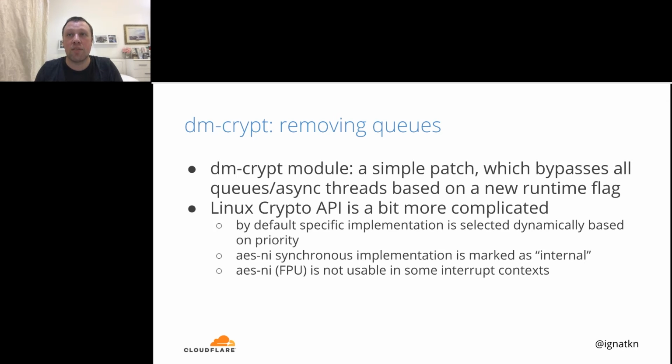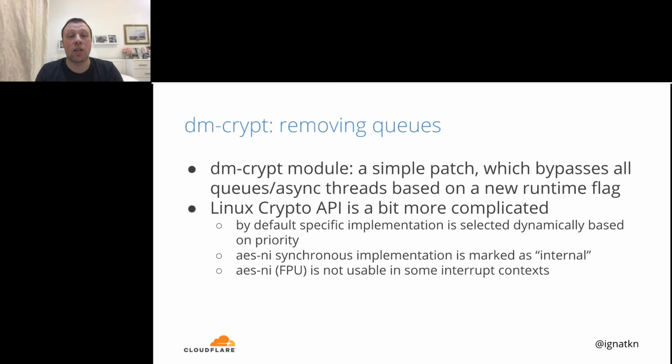We want to use the fastest available, AES-NI x86 hardware AES implementation, and there is a synchronous variant of that. The problem is that the synchronous AES-NI implementation in the Linux kernel is marked as internal, which means it can only be used by other crypto API modules and not by outside modules. Another part is that the hardware implementation of AES on x86 requires the usage of the FPU, floating point unit.